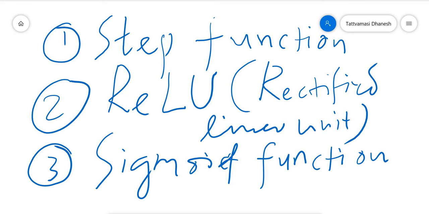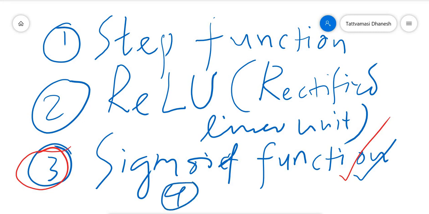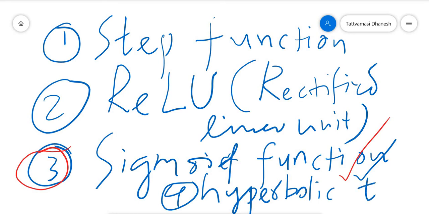The most commonly used in neural networks is the sigmoid function, very important. Another activation function we usually use is hyperbolic tan, like the trigonometric functions sine, cos, tan.